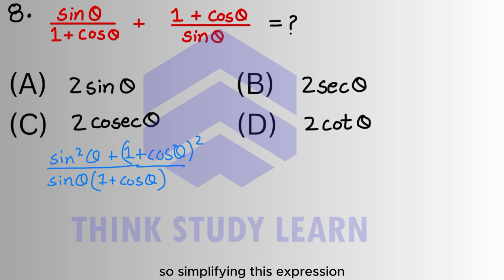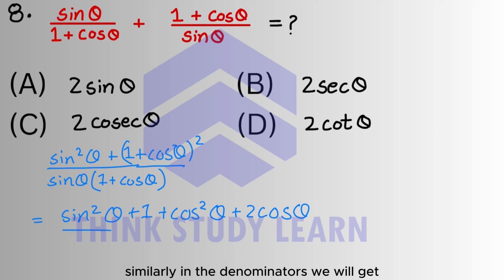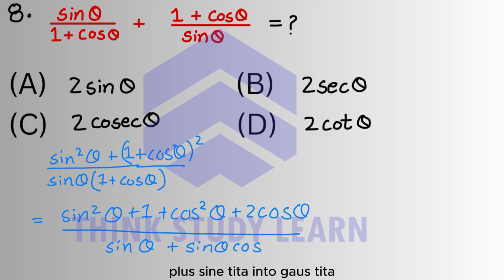So simplifying this expression, we will get sine square theta plus 1 plus cos square theta plus 2 cos theta. Similarly, in the denominator, we will get sine theta plus sine theta into cos theta.